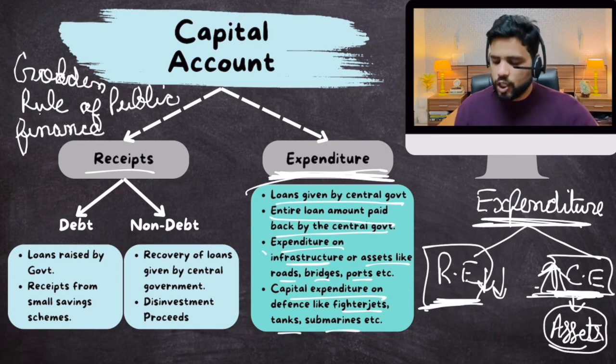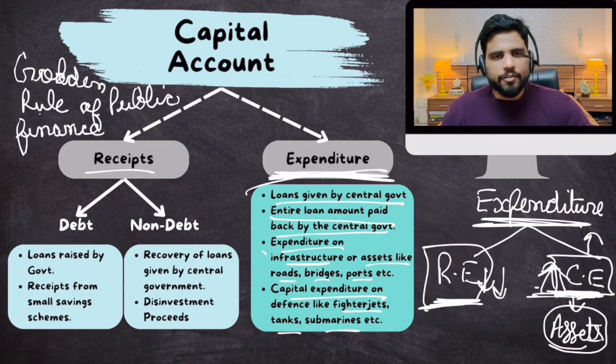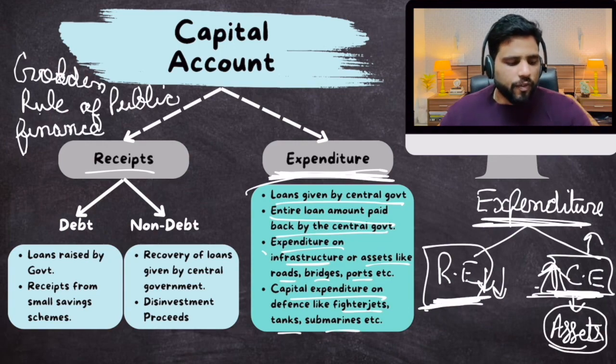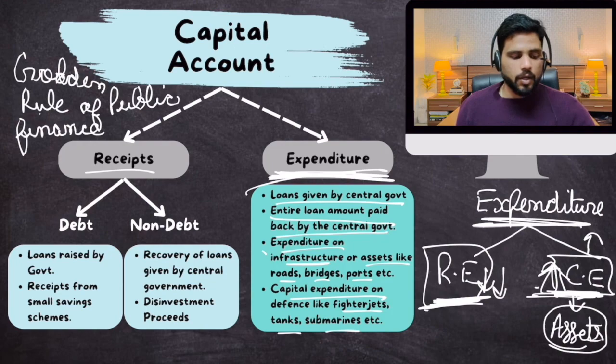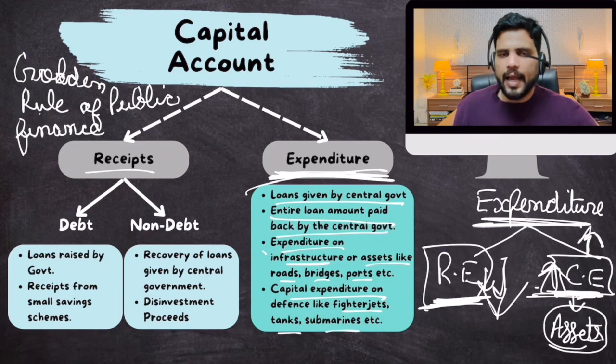Minimize your revenue expenditure and maximize your capital expenditure. Okay, the official definition goes like this: not to finance your day-to-day expenditure, which is revenue expenditure. Remember, day-to-day. Not to finance your day-to-day expenditure from receipts. Okay, this is the golden rule. So basically golden rule is minimize your revenue expenditure, maximize your capital expenditure. Clear? Remember this fact.